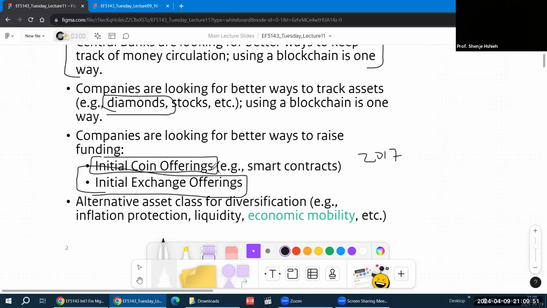That's why it's called initial exchange offerings, because once the coin gets listed, not in a stock sense, but in terms of being traded, then insiders get to liquidate their position, right? So in other words, it's one way for insiders to take advantage of the people who are trading these currencies on the secondary market.